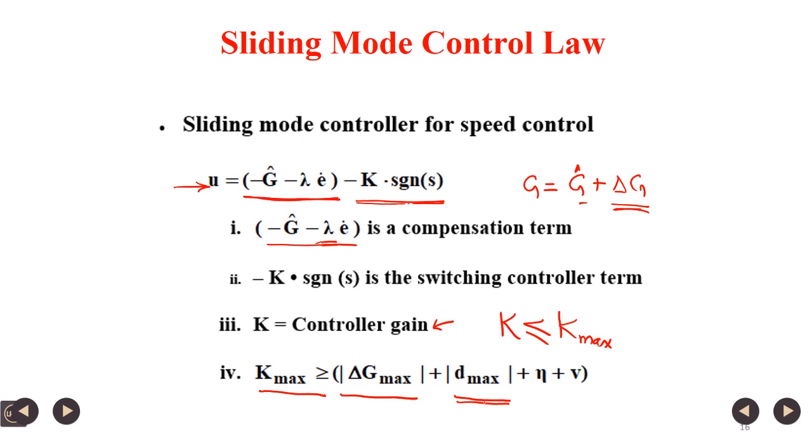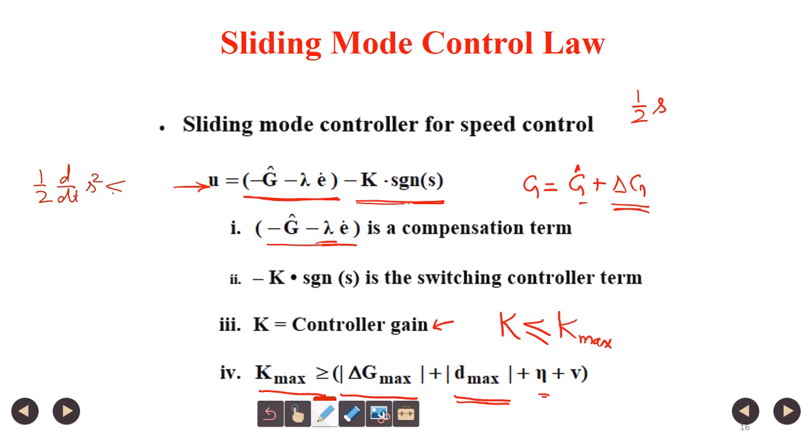So, d max is computed based on that, and eta is a constant determined from the control law, like half d by dt of s square is less than or equal to minus eta magnitude of s. This eta is a positive constant, and V is the command acceleration, the rate of change of command.